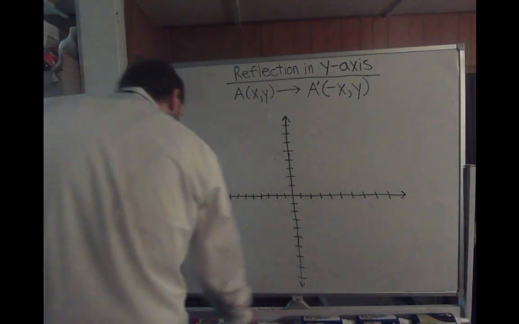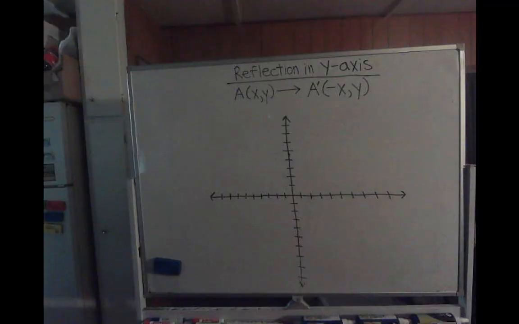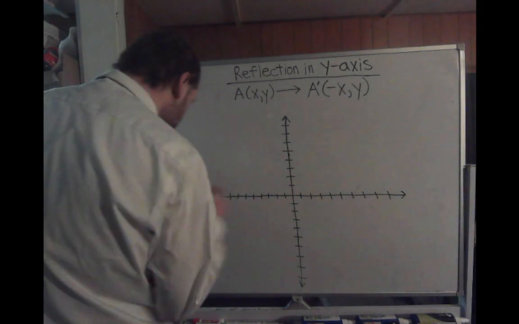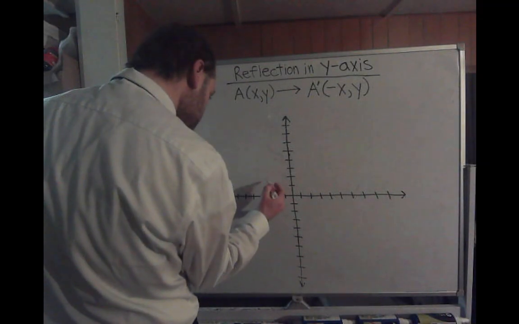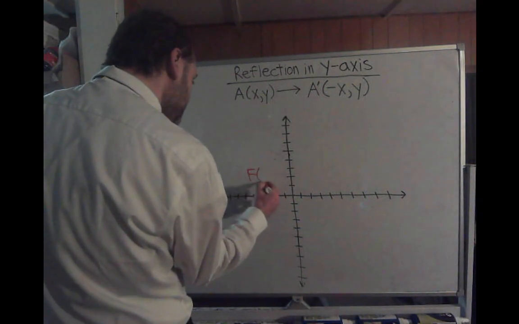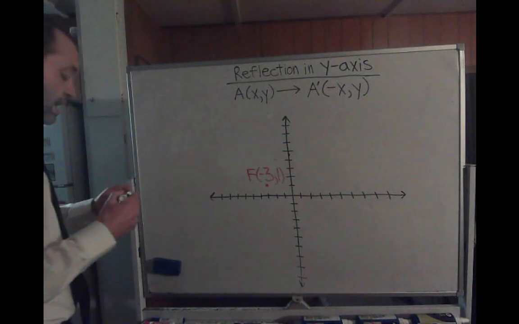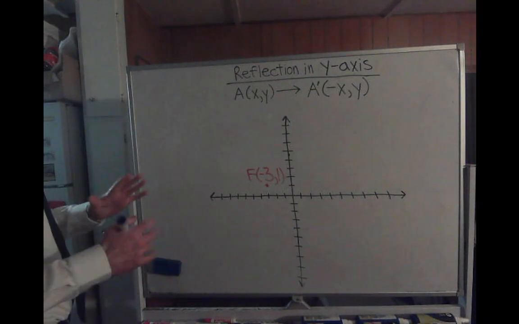Alright, one last point with this, then there's another type of reflection we're going to talk about. So let's see, a point F would be at -3, 1. So we have point F located at -3, 1. I want to find F prime by reflecting this in the y-axis.